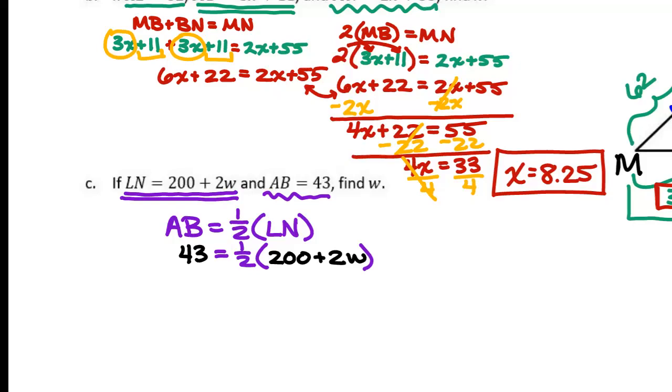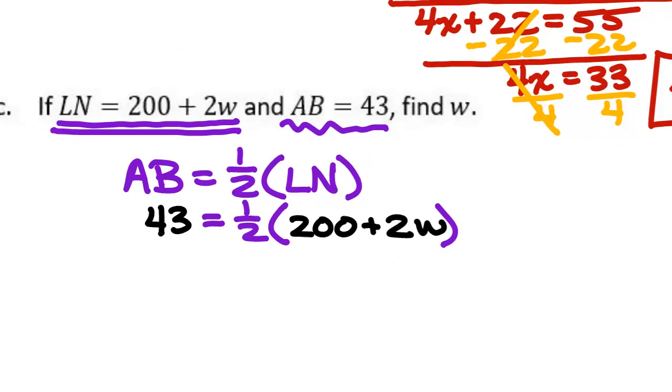And now we have to make a choice. Most of the time when I have parentheses and a number out in front of those parentheses, we're going to distribute, which I could do this time. I can distribute that 1/2. I don't like distributing fractions if I don't have to, but we can if you guys want to. The other option is that we get rid of the fraction. So do you guys want to distribute the fraction or get rid of the fraction?